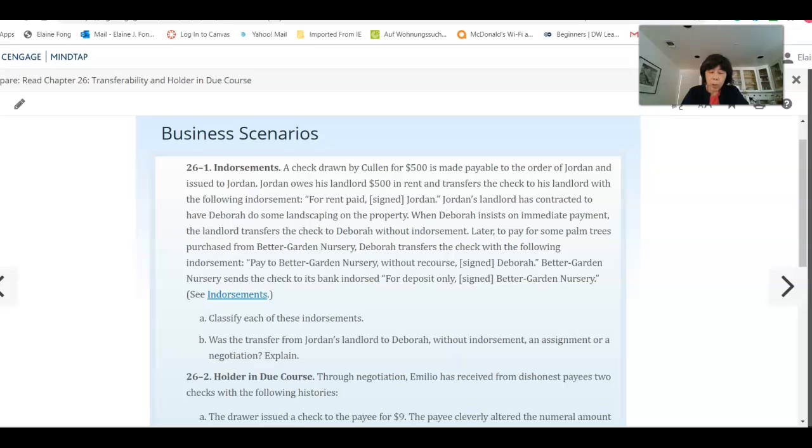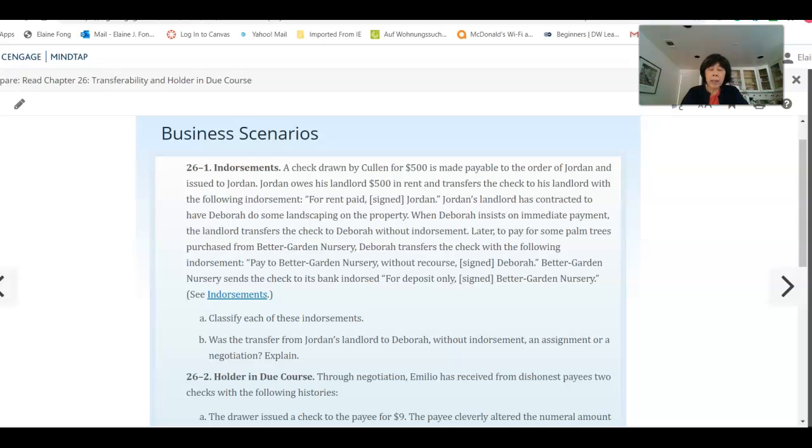So Jordan is negotiating or transferring the check. He puts a blank endorsement on it and delivers it. The negotiation or the transfer is complete. Right, now what does the landlord do with the check? The landlord hands it over to Deborah because Deborah has been doing some work for him and he wants to pay her.